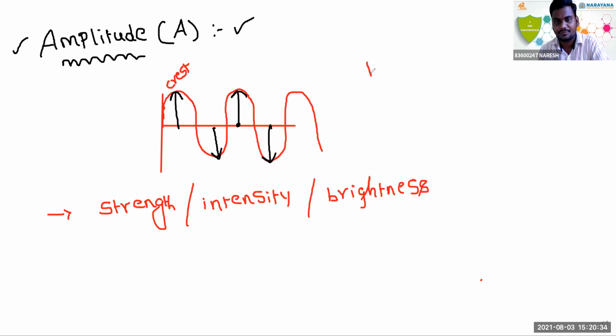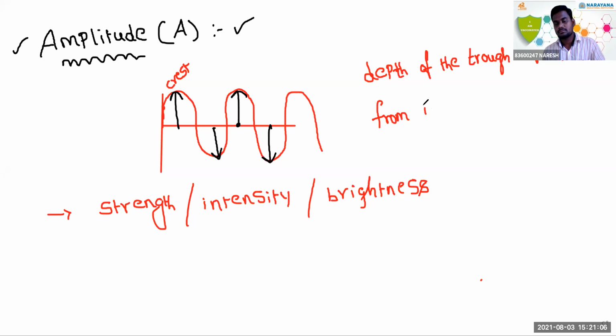The height of the crest or depth of the trough of the wave from its mean position is called amplitude A.